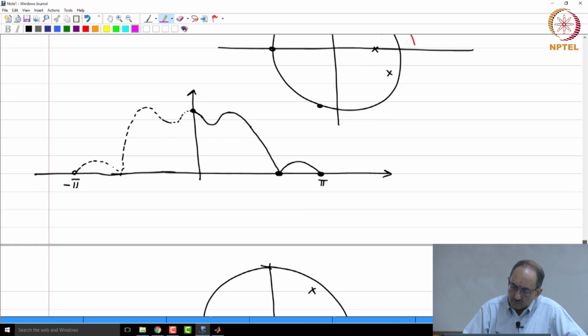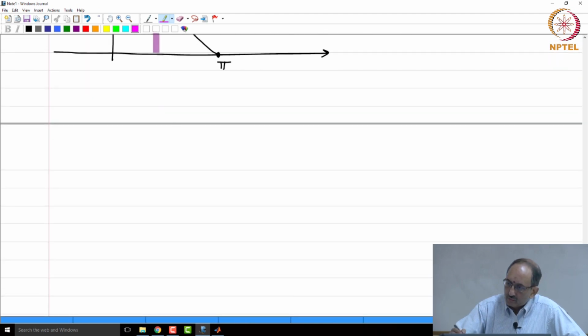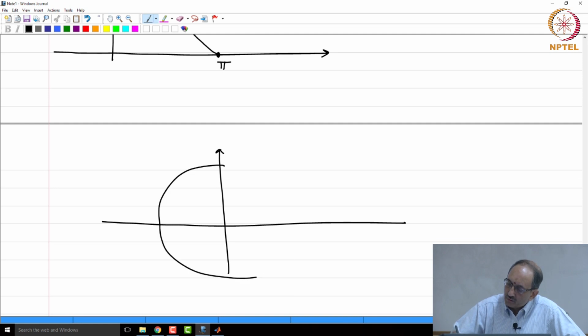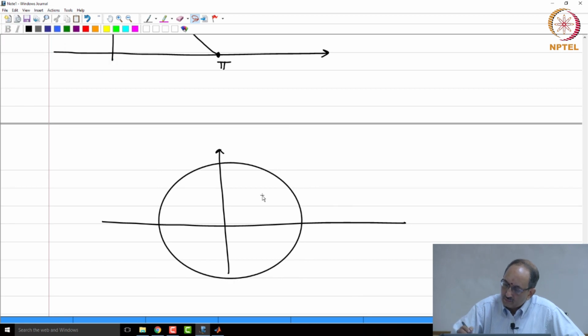And just to quickly continue on that example, suppose I had a pole-zero plot something like this. Suppose I had something like this, and then I had zeros wherever.